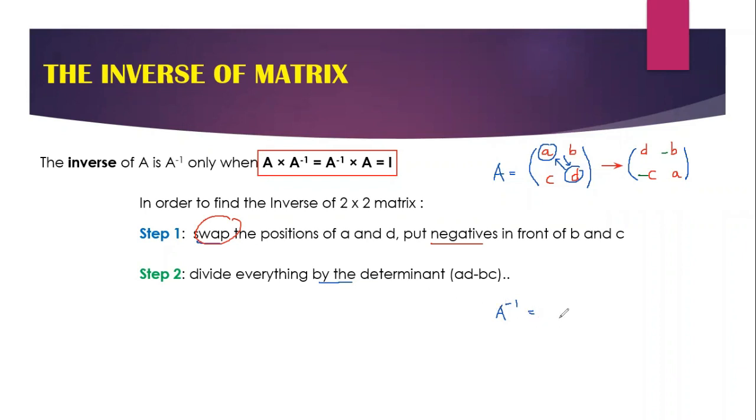The inverse of matrix A is 1 over determinant of A times the matrix, and then we follow the step and copy this one, so it will be D, minus B, minus C and A. So this is the final answer for the inverse of matrix.